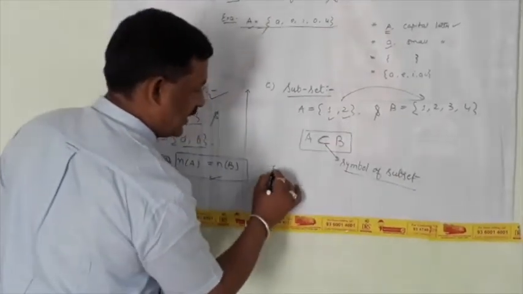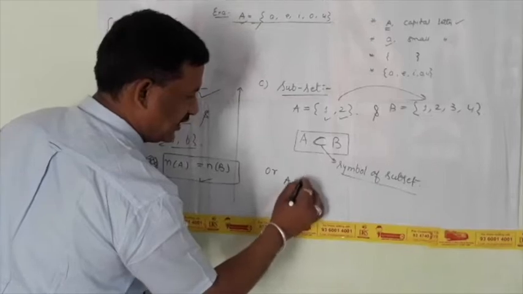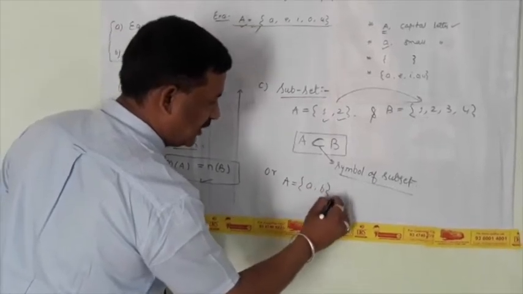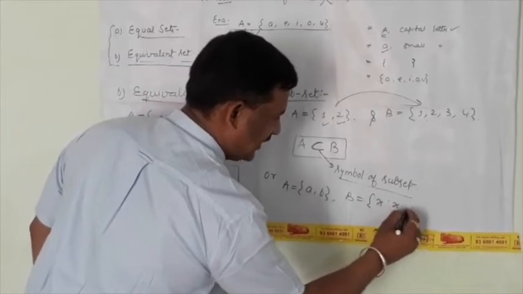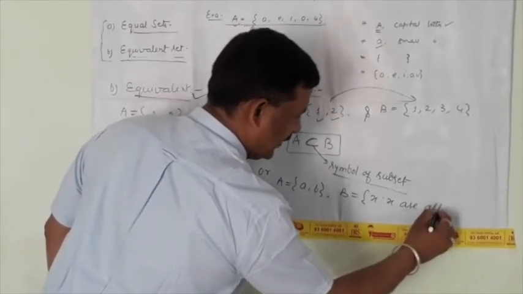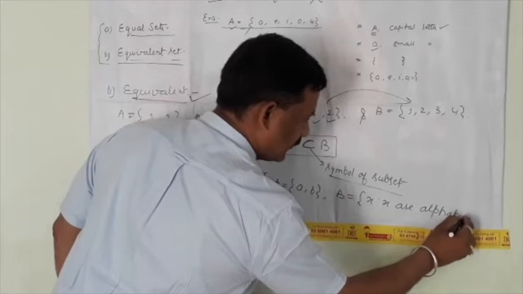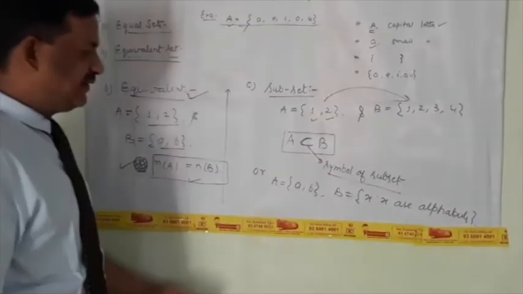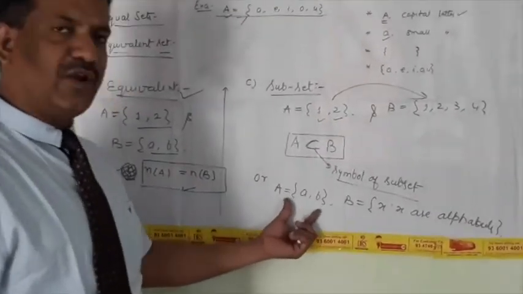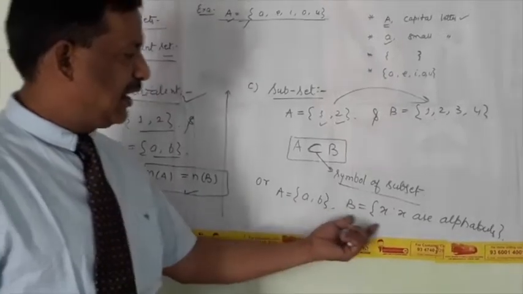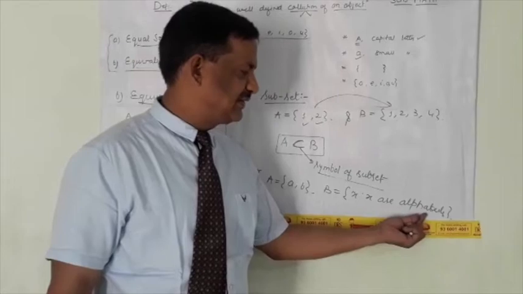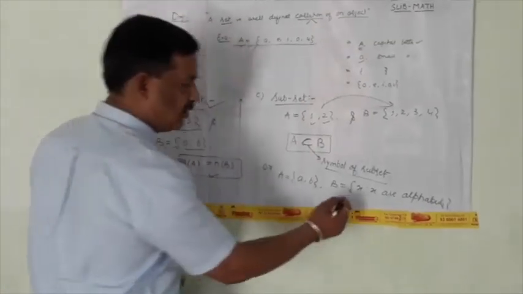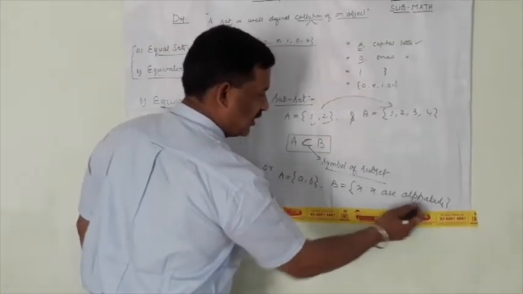For example, again consider set A equal to {a, b} and set B equal to {x such that x is an alphabet}. This is set A, which contains only the alphabets a and b, and this is set B, written in set builder form. And we have already discussed what set builder form means.